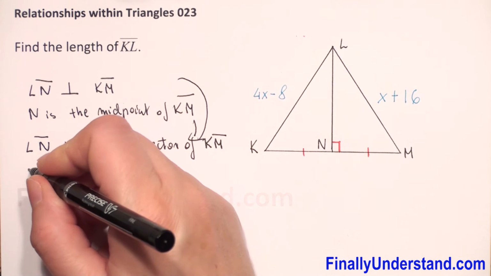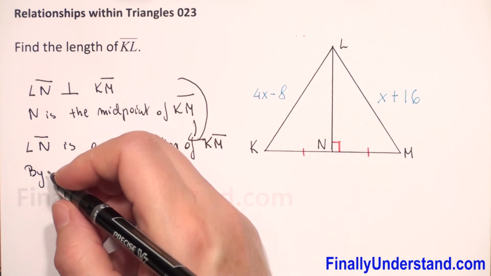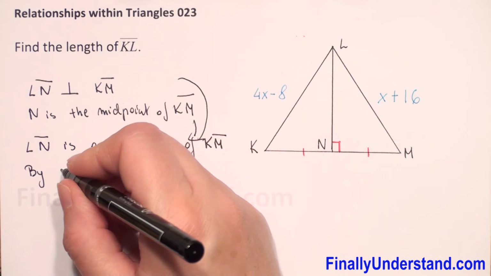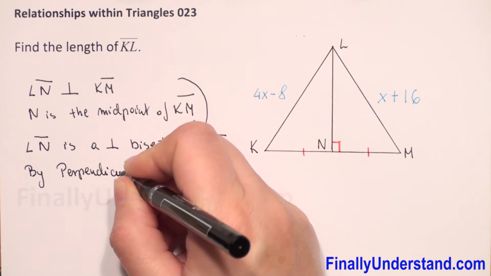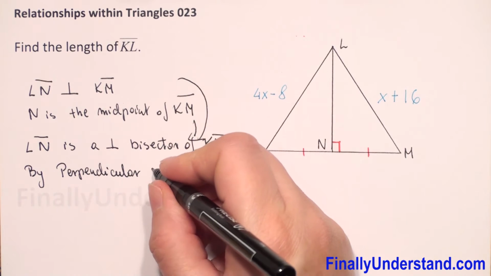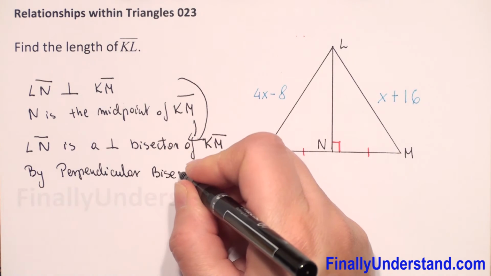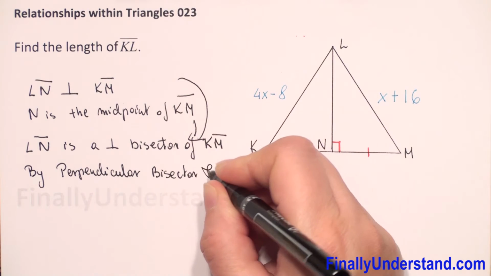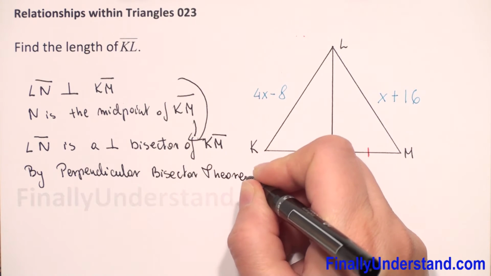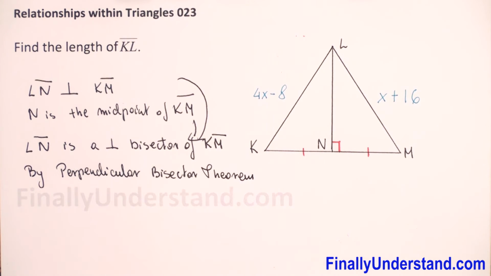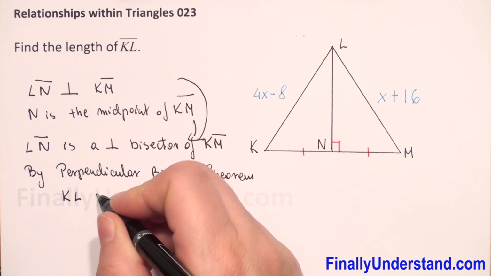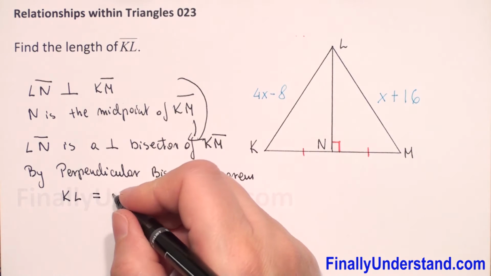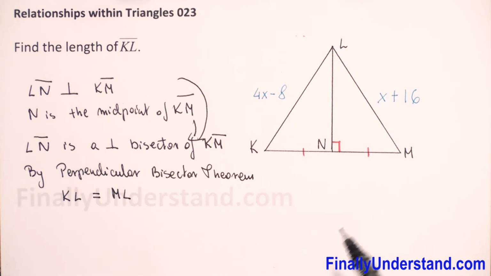So by the perpendicular bisector theorem we have that KL is equal to ML.